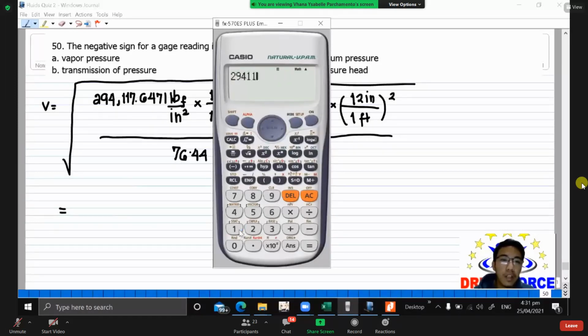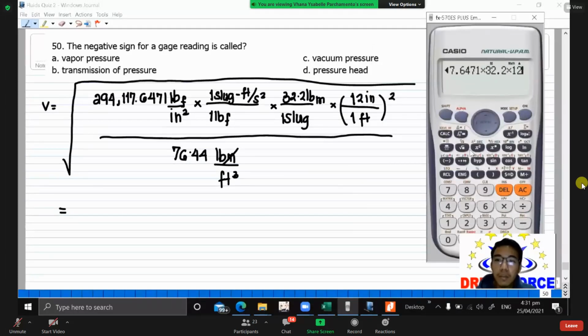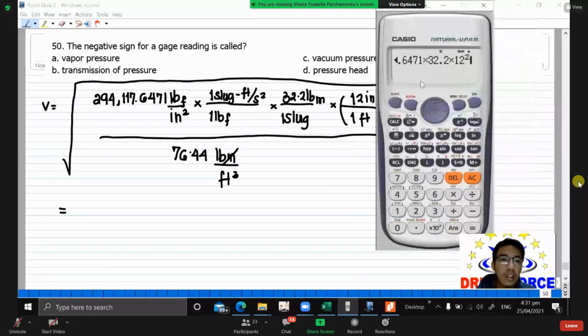Okay, 294,117.6471. Para eksakto yung lalabas. Okay, then, times 32.2 times 12 squared. Okay, divided by 76.44.